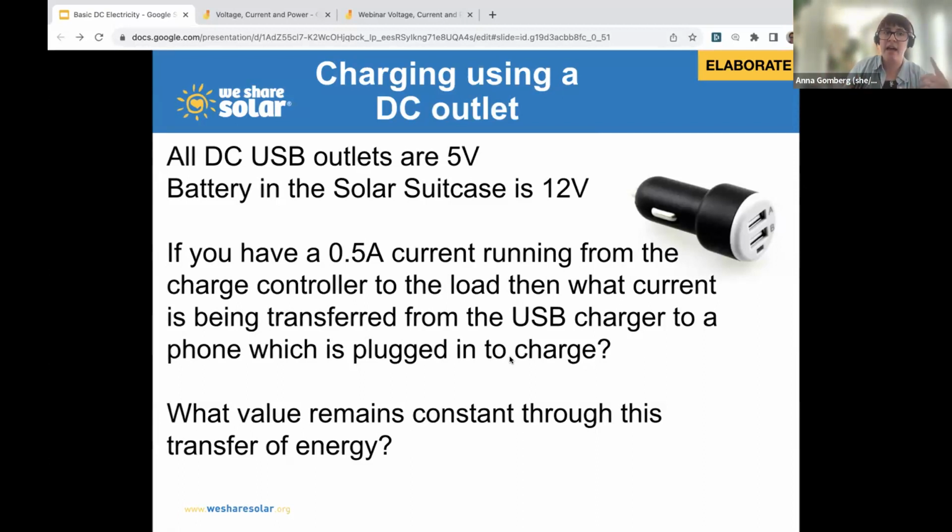You can think of that in terms of something that stays the same throughout that whole transfer of energy. There's a value that we've talked about that remains constant. Is it the current that remains constant? No, the current doesn't remain constant. It's something else.